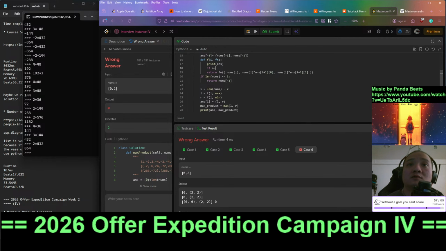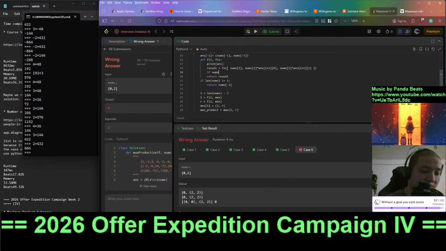If so, the result here is going to be that. Return result here. So if basically nums[I] equals 0, then we need to also map the function on answer[I plus 1][0], [I plus 1][1], right? Maybe.